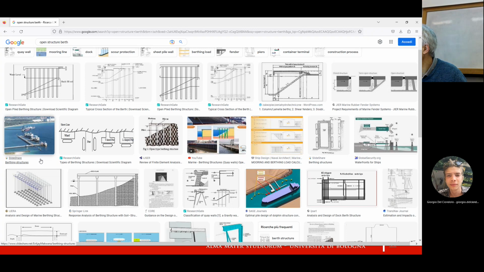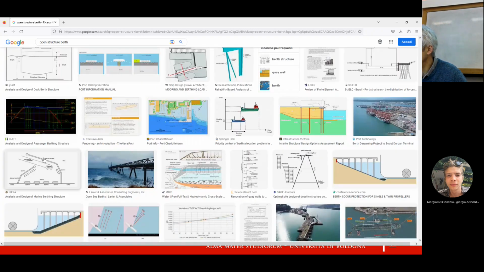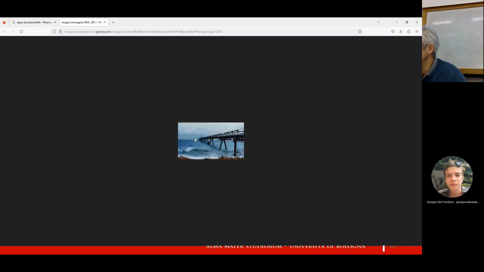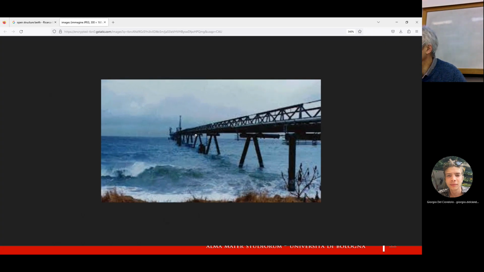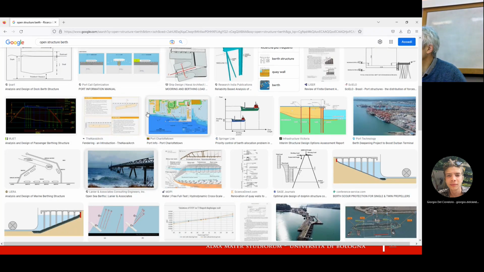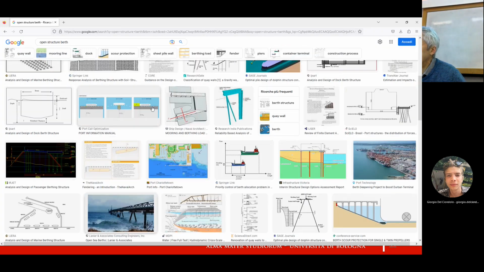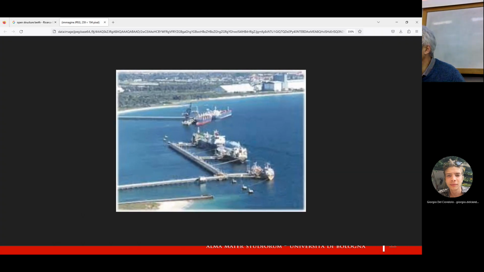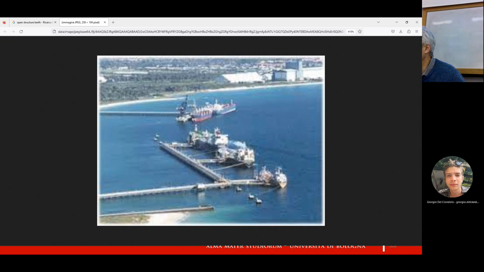I'm not sure this is a berth, probably yes, but you see this is completely open. This is an extreme example. Another example is this picture here. I think this is an open structure berth, which allows the mooring of important ships, by the way.